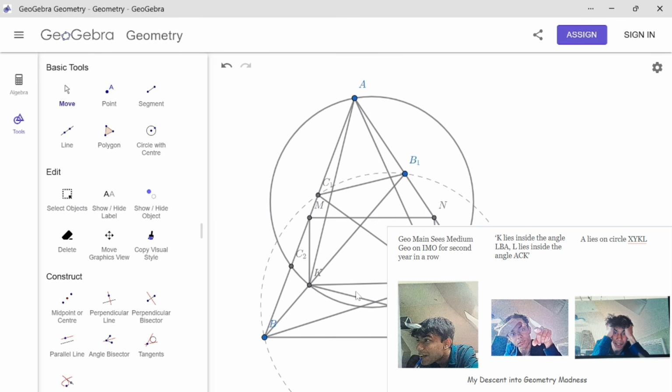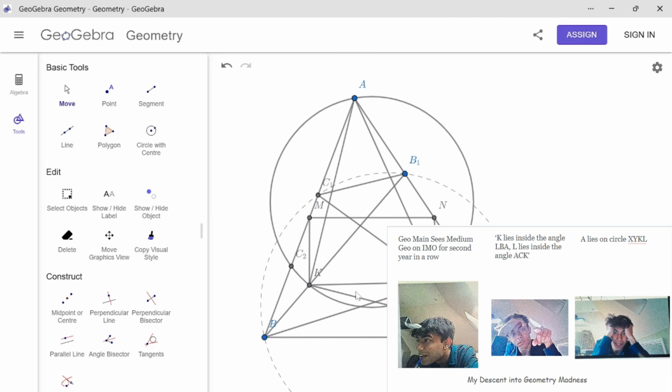I don't want to say I've never seen this in a problem before, but I've never seen this. I think the last time I had something like this was maybe a Japan Olympiad question.